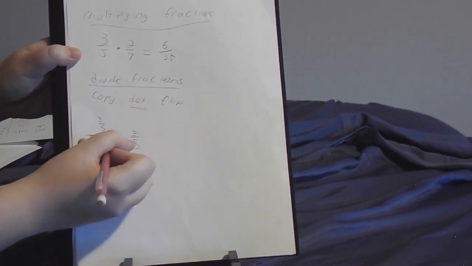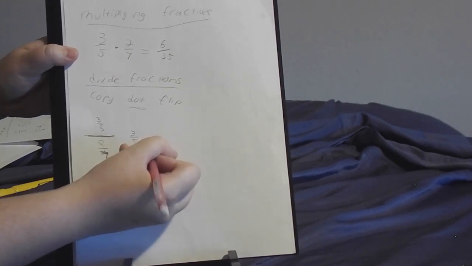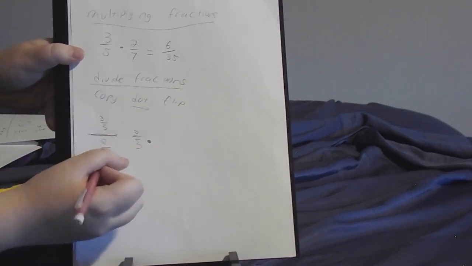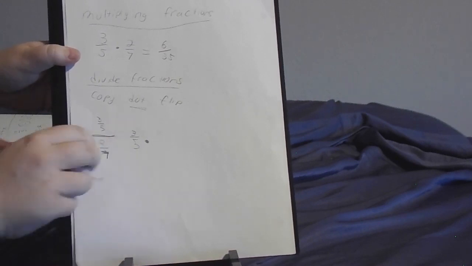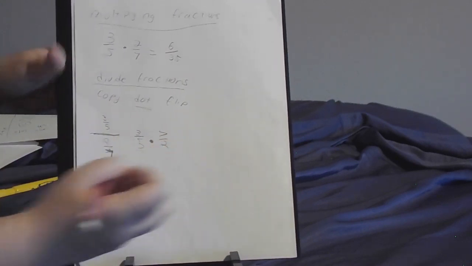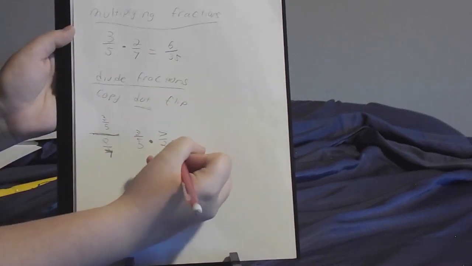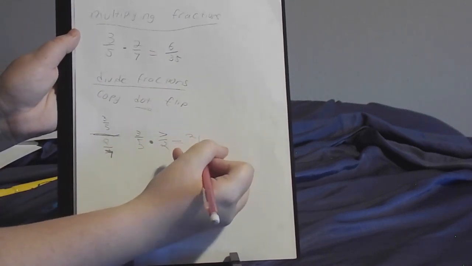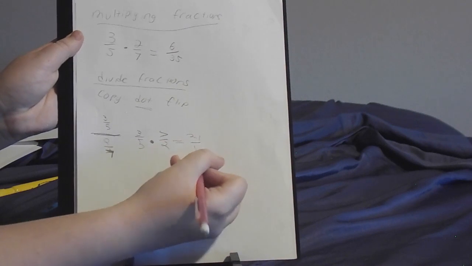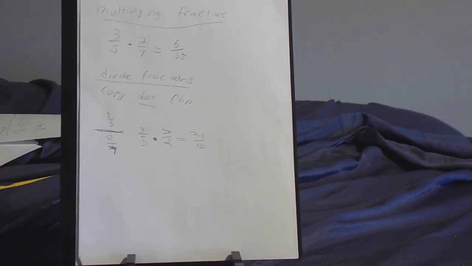Dot means change this divide to a dot, which is multiply. And then flip the second one. So that turns into 7/2 because you flip it over. And now it's multiplying like above, so you go straight across. So 3 times 7 is 21 for the numerator, and 5 times 2 is 10 for the denominator. And that's how you divide fractions.